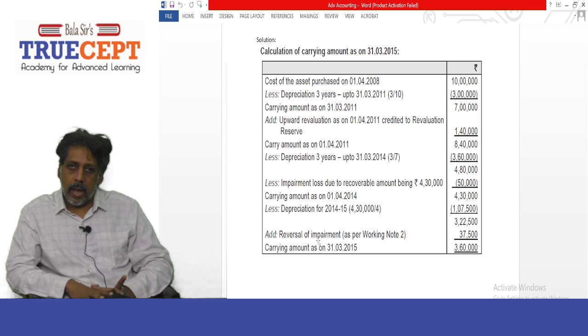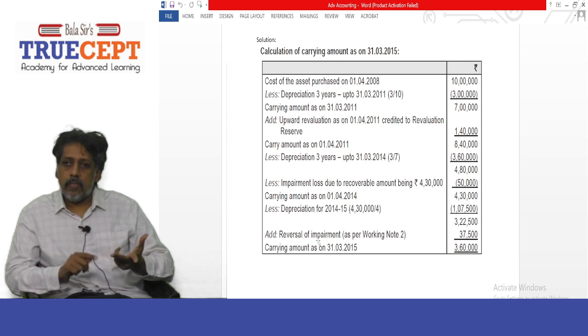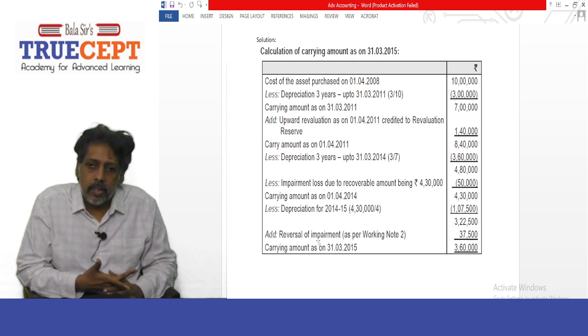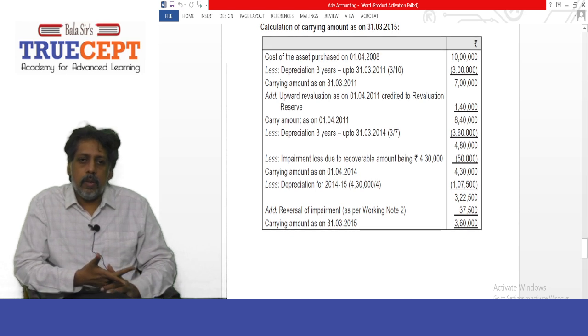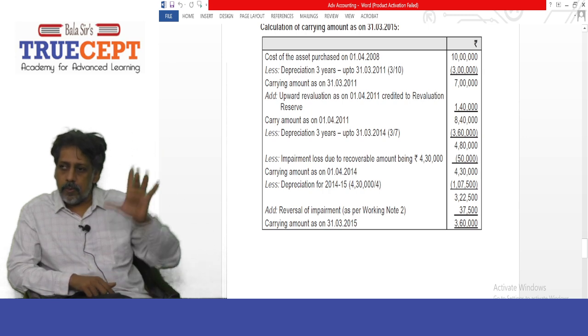Yes, sir. Then balance 3,22,500, and then add a reversal of impairment loss. How much? 37,500. In all 3,60,000 is supposed to be the asset's carrying amount as on 31/3/2015. Is that fine? So far it is fine, the working.